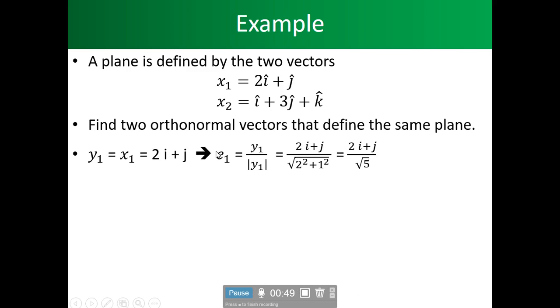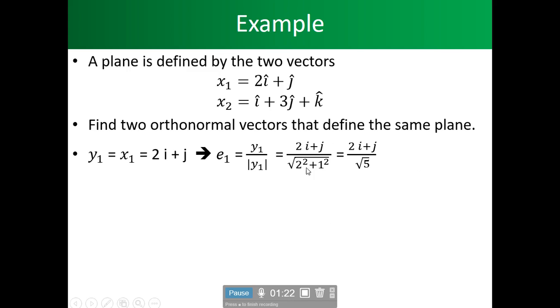So we're going to find out what x1 is. x1 is equal to y1. All we have to do is find what E1 is, and normalize it by taking the magnitude of y1 and dividing by it. If we divide by the magnitude of the vector, then we have the normality of it.